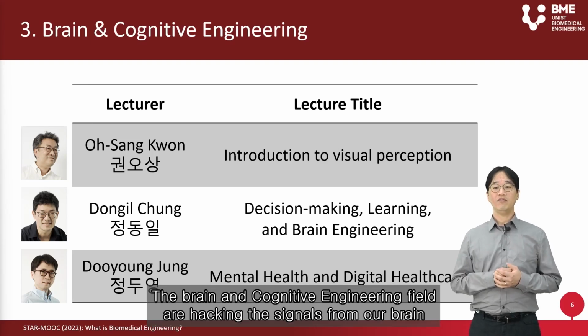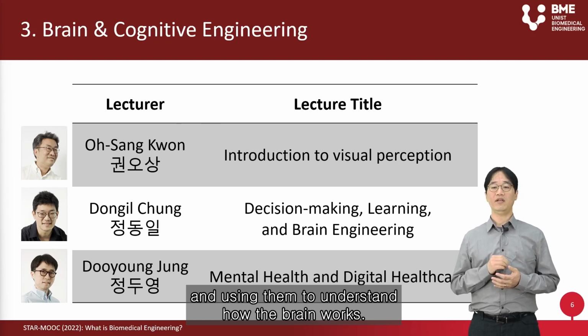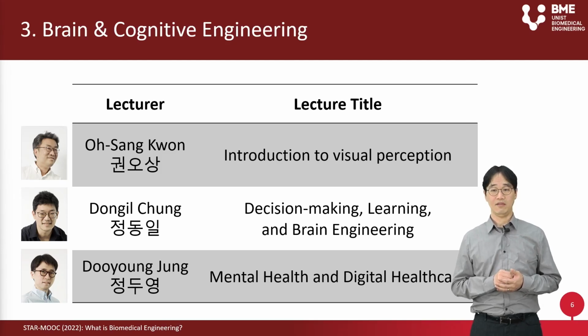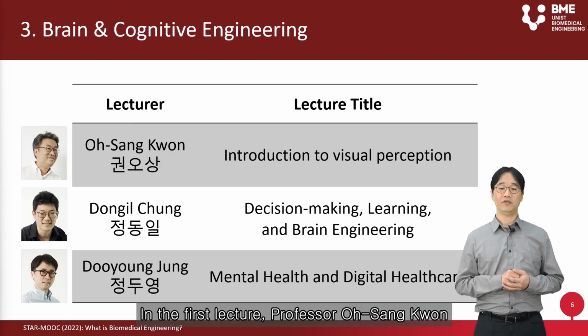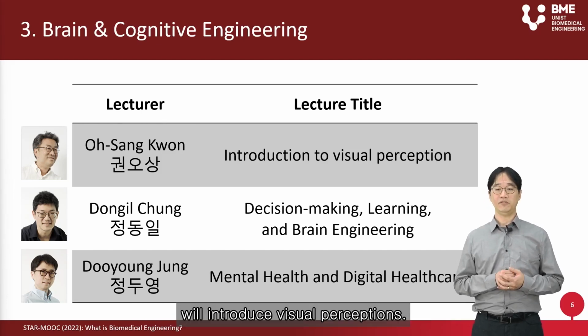The brain and cognitive engineering fields are hacking the signals from our brain and using them to understand how the brain works. These works are highly connected to understanding our mental health. In the first lecture, Professor Oh Sang-kwon will introduce visual perceptions.